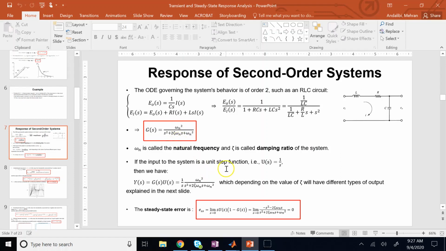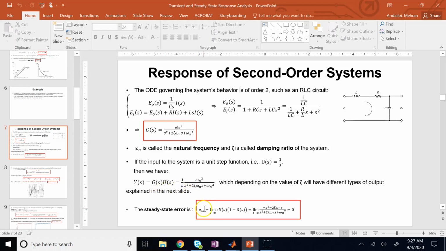So if we allow this system to be exposed to a unit step input, so U of s is equal to 1 over s, then Y is G times U, so it's 1 over s times the second order system. Then you have to do partial fraction and find the answer.